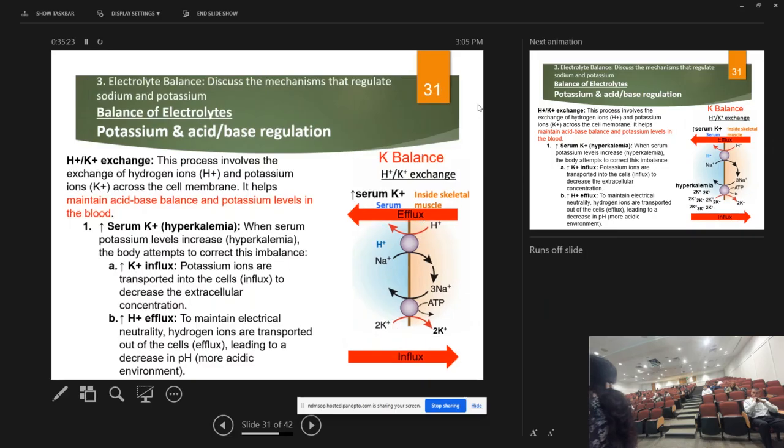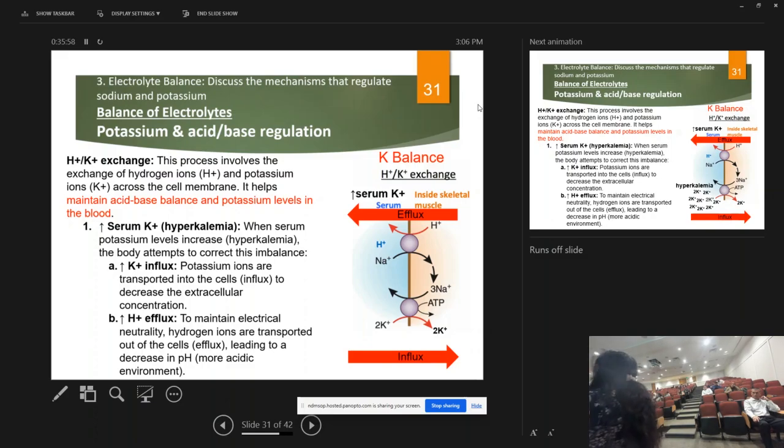Now, the reverse can also happen, right? We are now correcting for potassium in this case. Suppose serum potassium is high in this first case, which is hyperkalemia. So how do you correct it? By shifting it into the cell, right? That means this pump is working really hard, really fast.